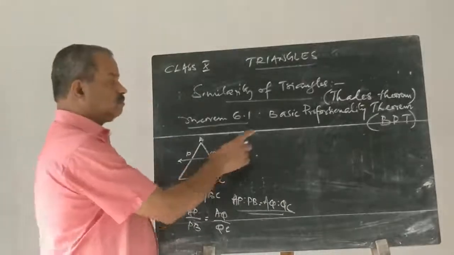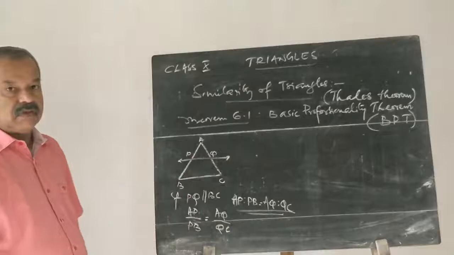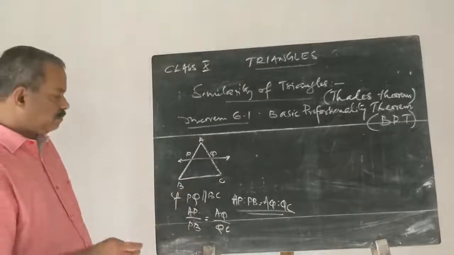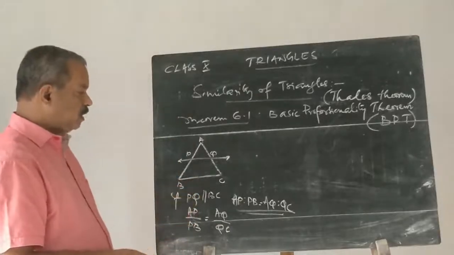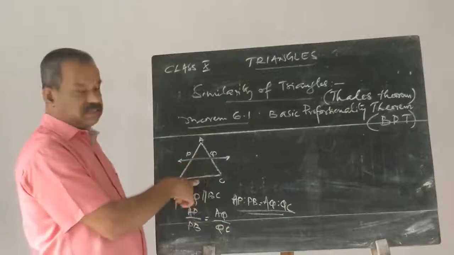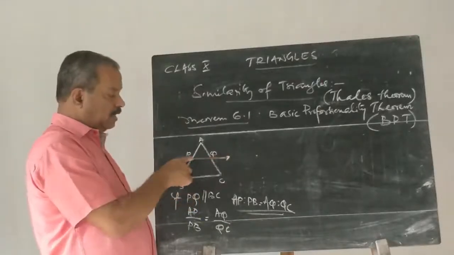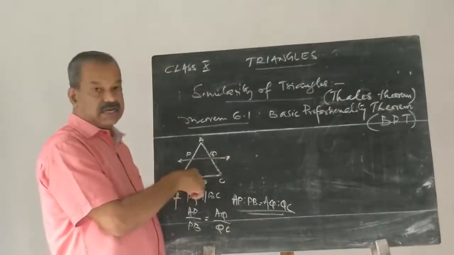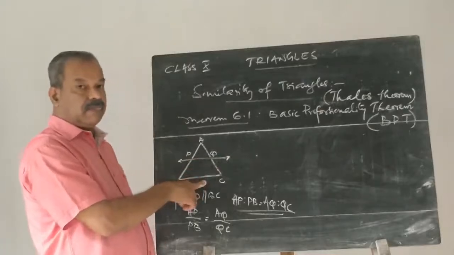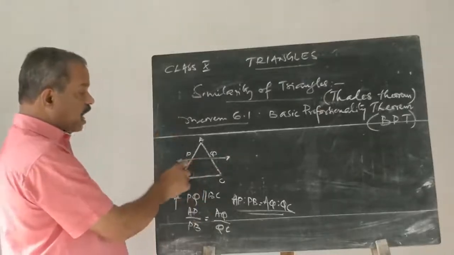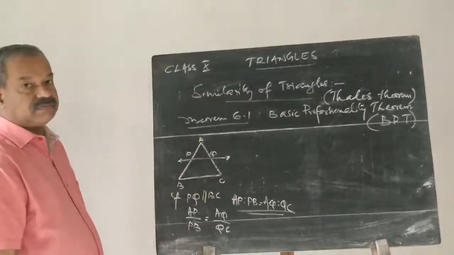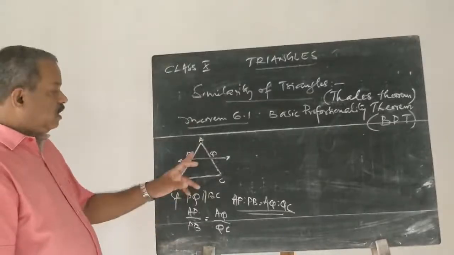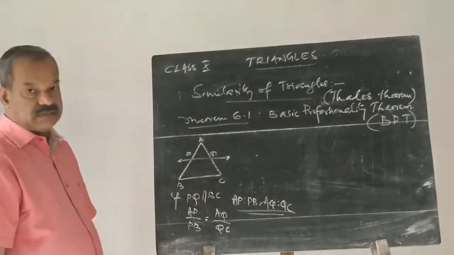This is what is the basic proportionality theorem. The theorem states like this. A line is drawn parallel to one side in a triangle to intersect the other two sides.